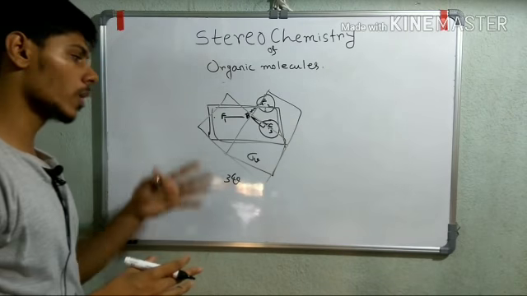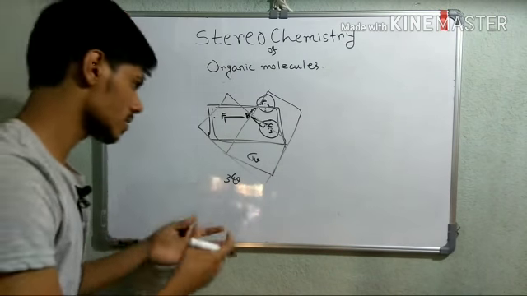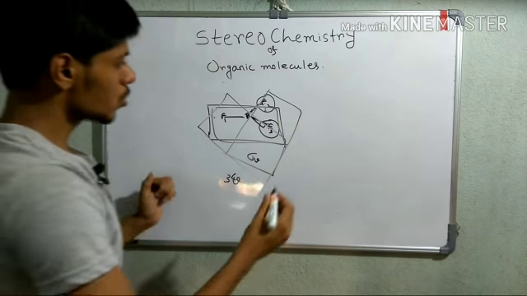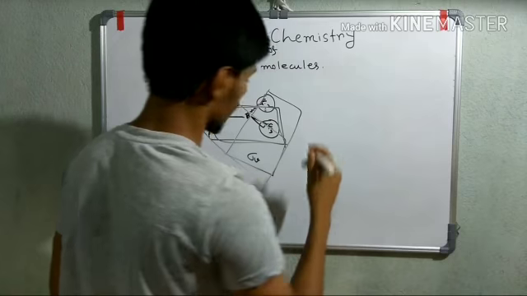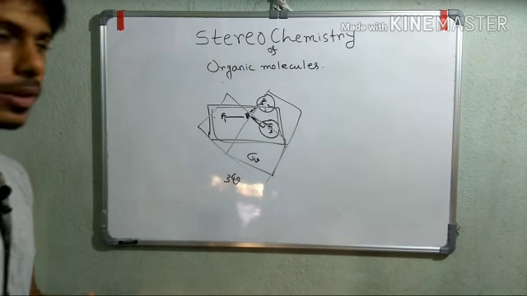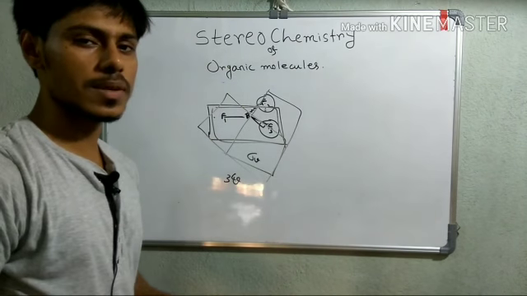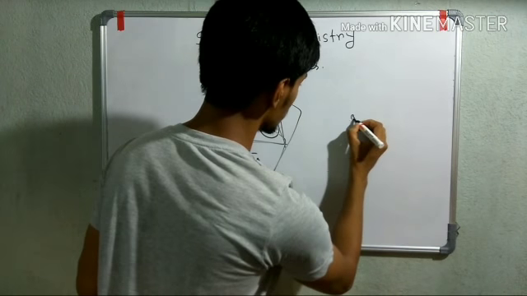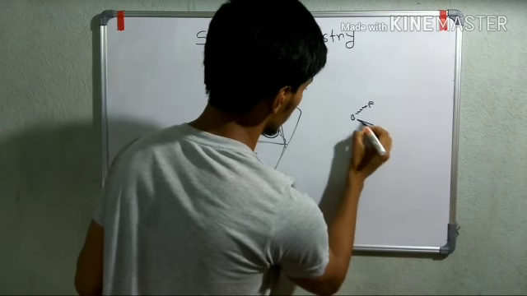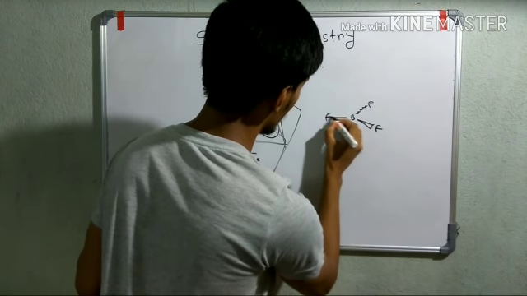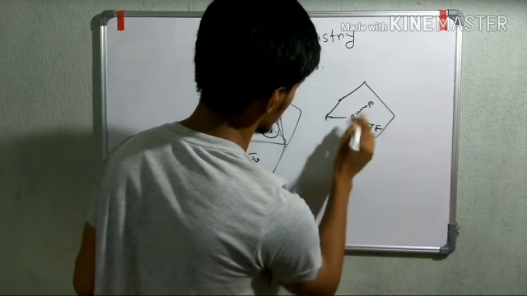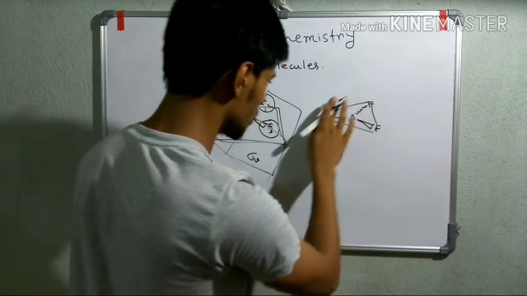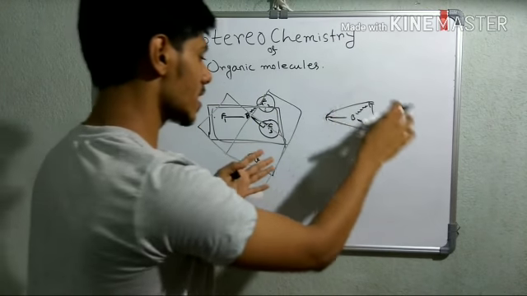But after that, let us see whether we can have another plane of symmetry. Whenever we have a planar molecule, we can always have a plane of symmetry that is along the plane of the molecule, which is called the molecular plane. So in this case also, this is your BF3 molecule, and you can always have a plane which is parallel to the plane, or which is just the molecular plane.